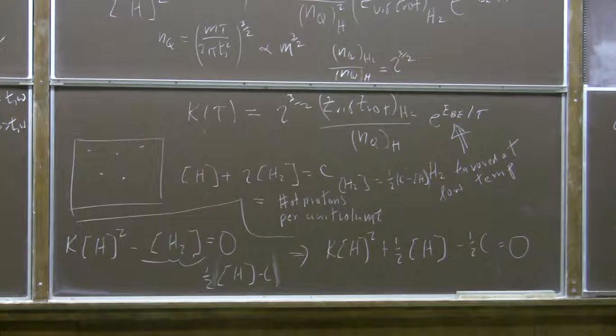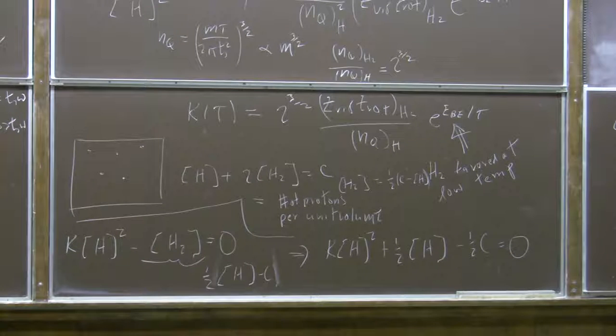Or if I factor out 1/2 of both factors, I can write it as 1/4k. And then the solution that we're going to want is the one that has a positive concentration. So that'll be the square root, multiplying through here by 4, 1 plus 8kc minus 1 inside the parentheses.